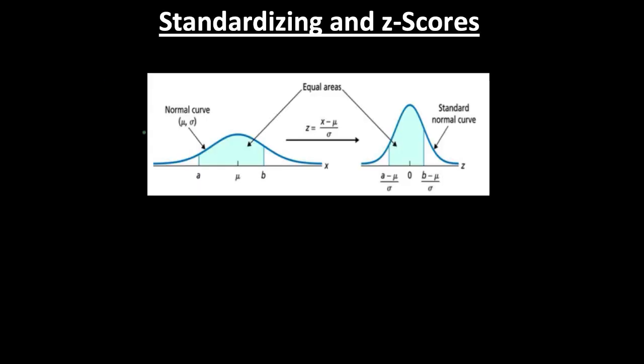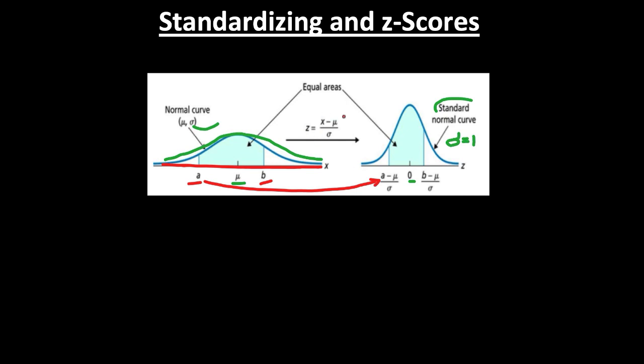Here we have two density curves. This is the density curve for the normal distribution with mean mu and standard deviation sigma. And this is the density curve for the standard normal, so mean equals 0 and sigma equals 1. Now we have two values on this axis, A and here B. How do we convert A to the standard normal, which is the Z value here?